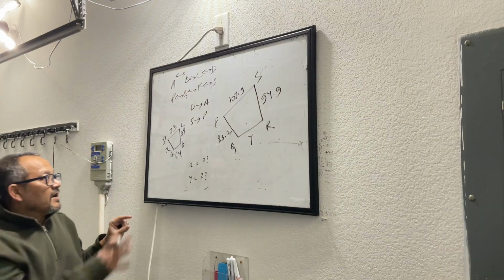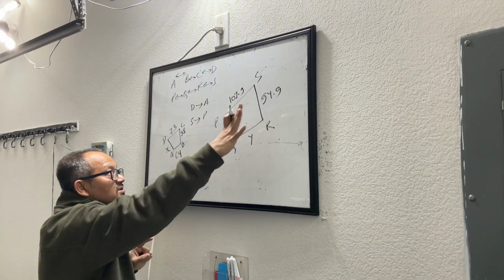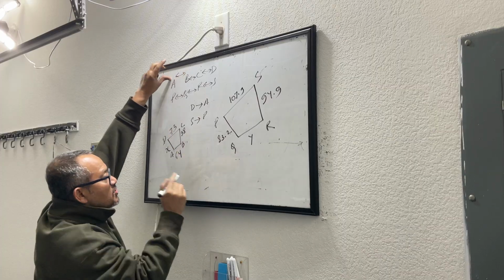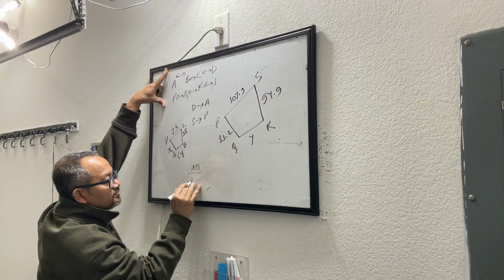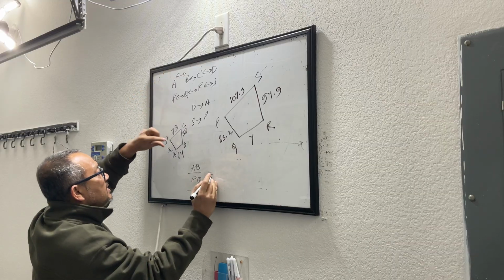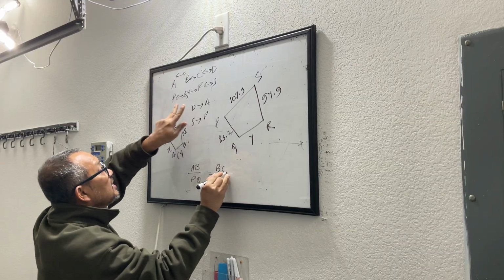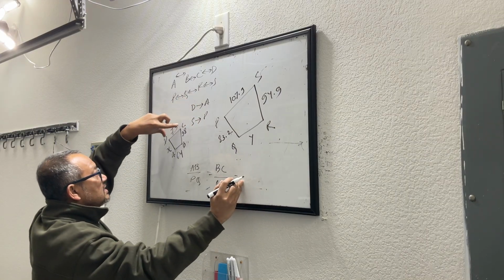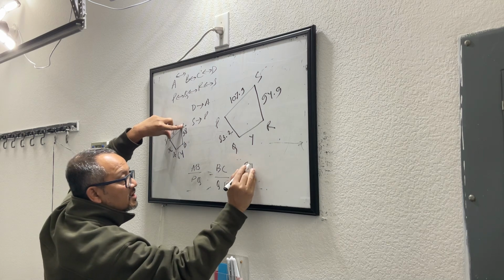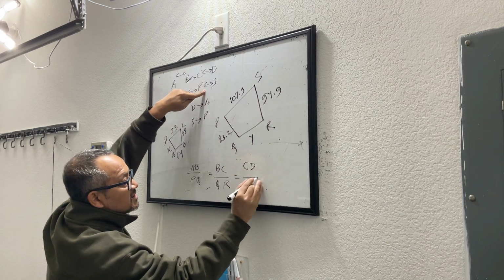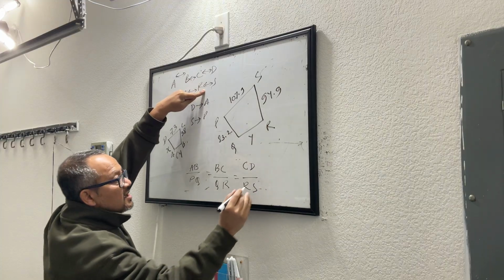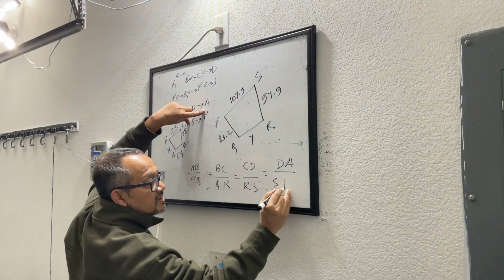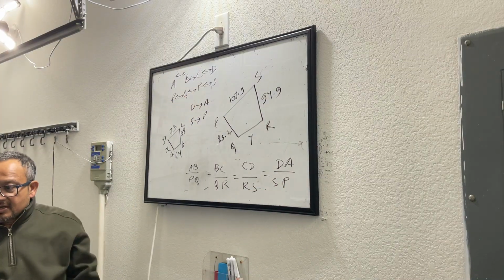So here, when you are dilating something, you are talking about similar shapes only. Look at this: AB became PQ, BC became QR, CD became RS, DA or AD became SP.